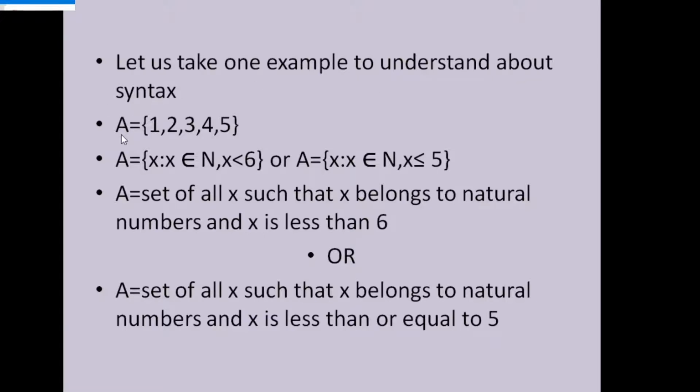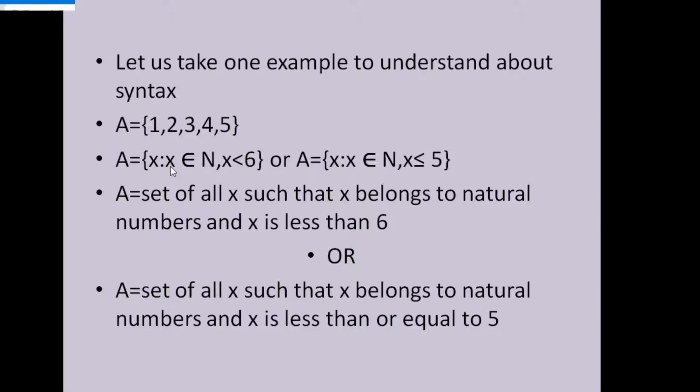Here I have taken set A as the set of 1, 2, 3, 4, 5. So this is how we write in set builder form. A is equal to, these are braces, and this is x, and these two dots denote such that.